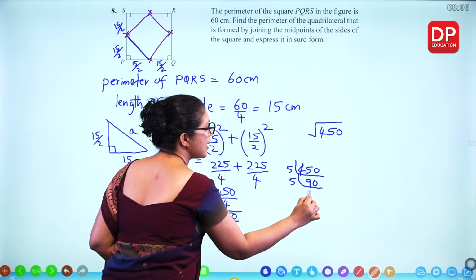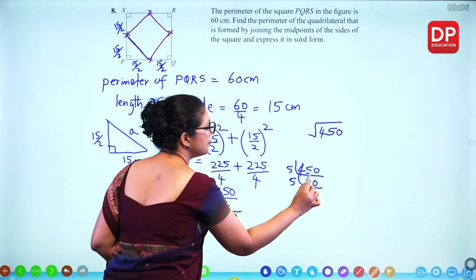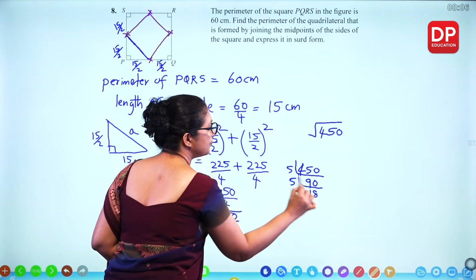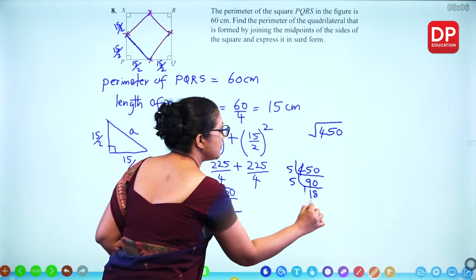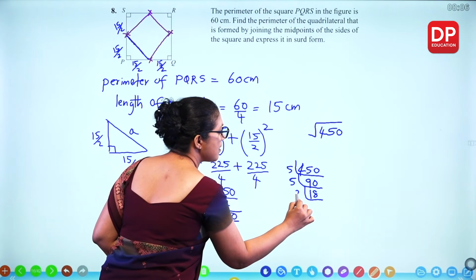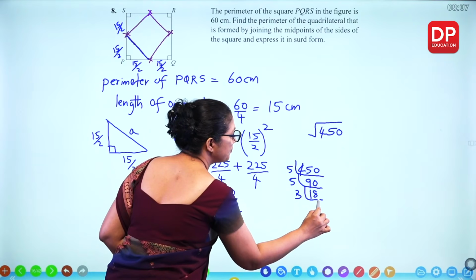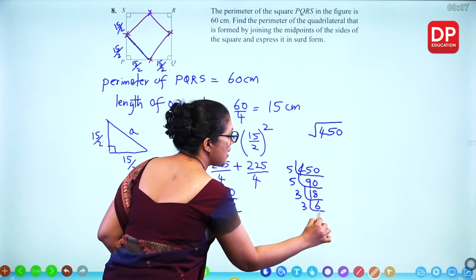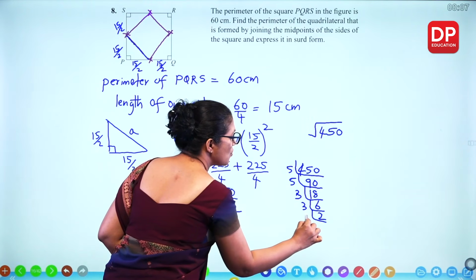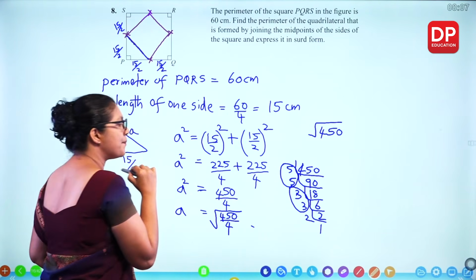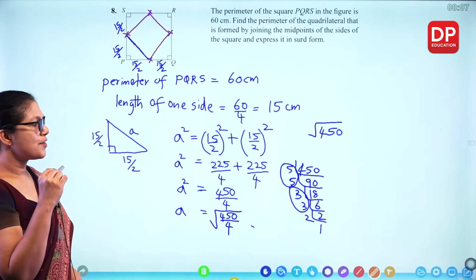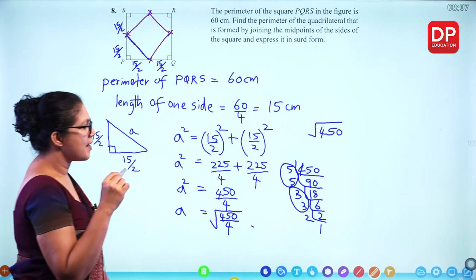Divide by 5 again, 18. Divide by 3, 6. Divide by 3 again, 2. So what's the square number? You get 5 times 3, 15 is the square number.